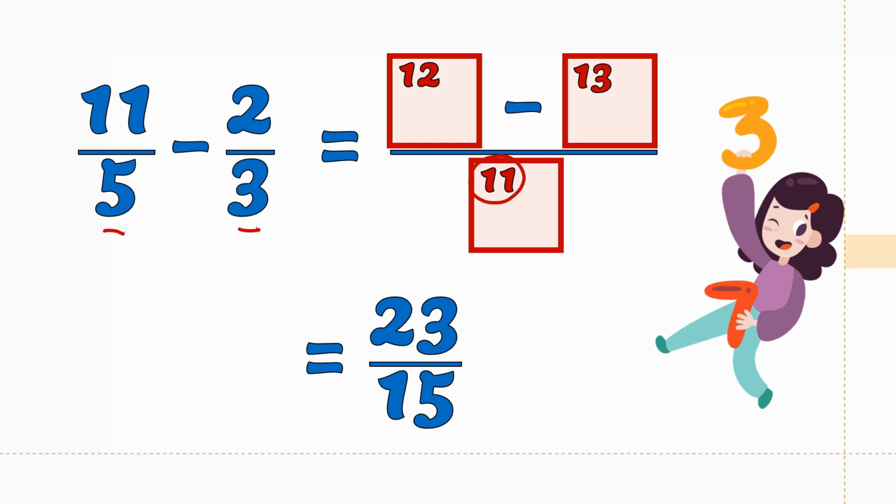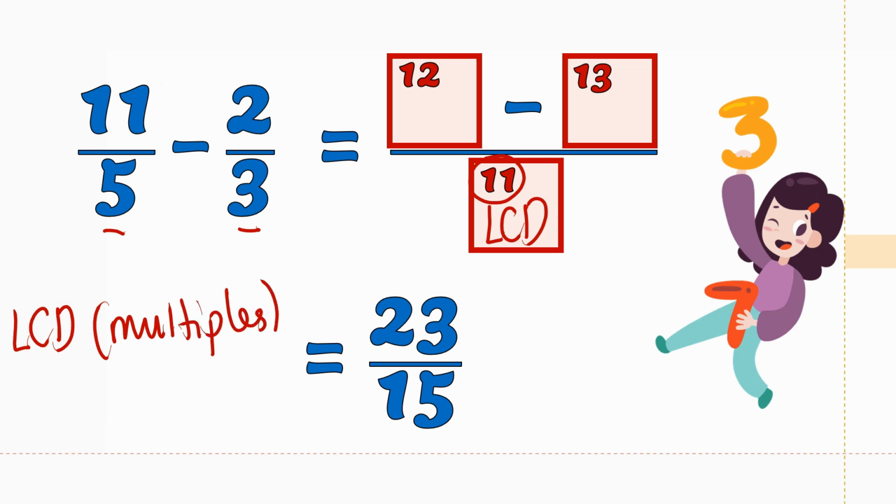Yung LCD talaga ang kailangan nating unang hanapin. So, to find the LCD, again, we have to get the multiples. Ito na talaga yung pinakamadali na alam ko na pwede kong maituro sa inyo. Okay, so, get the multiples of 5 and 3.